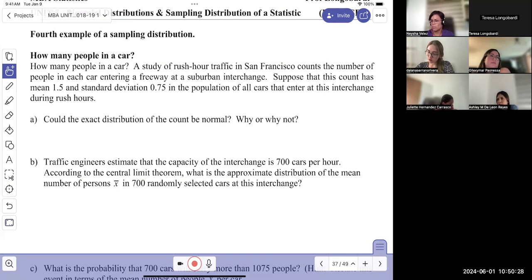In the population of all cars that enter at this interchange during rush hours, could the exact distribution of the count be normal? Why or why not? What do you think?